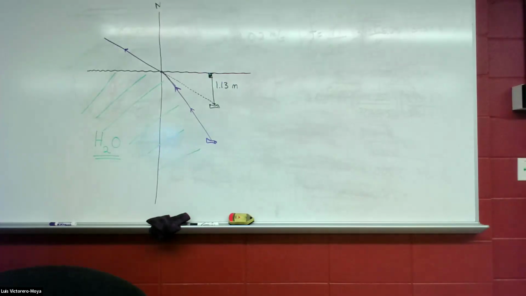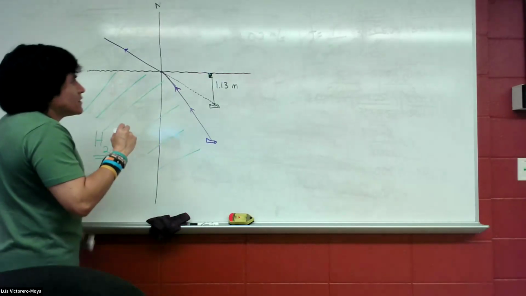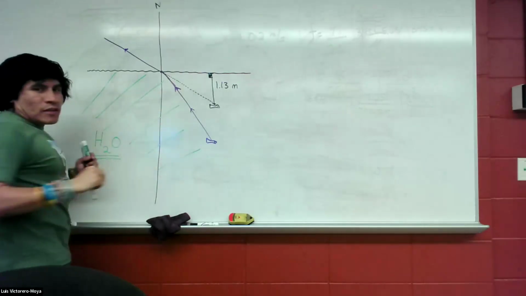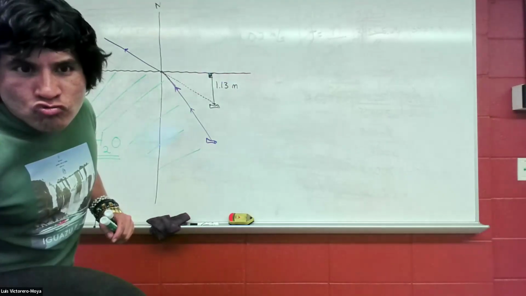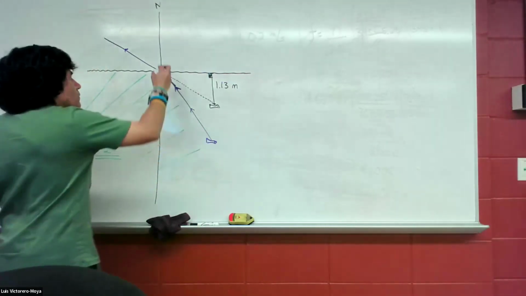The confusing part is that you're not given any angles, but you have to think in terms of your geometry. Oh, they give you the horizontal distance of 1.49 meters.